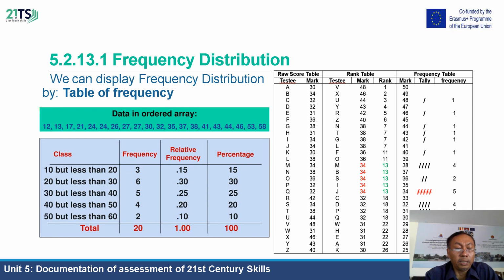We want to see how often the score occurs between 10 and 20s, and what the relative frequency is, for example 0.15, and what percentage in these frequencies. So it could be 50%.